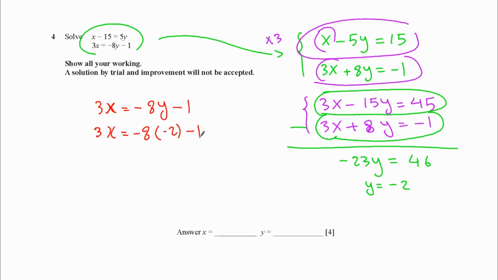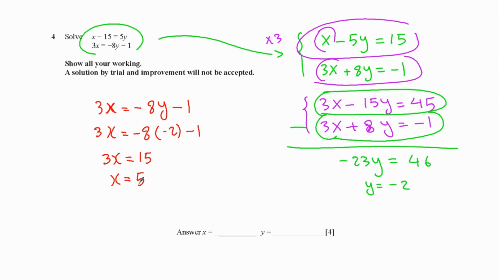Minus 8 times minus 2 is plus 16. Plus 16 minus 1 is 15. So we have 3x equals 15, dividing by 3 both sides, x equals 15 divided by 3, which is 5.